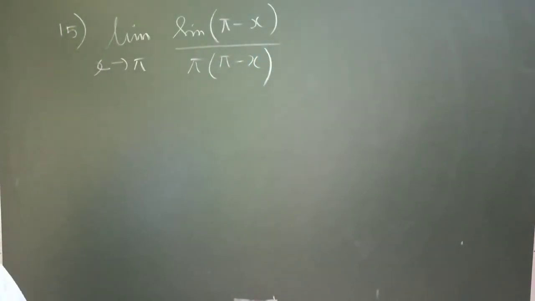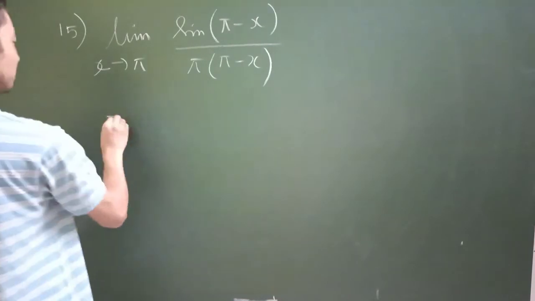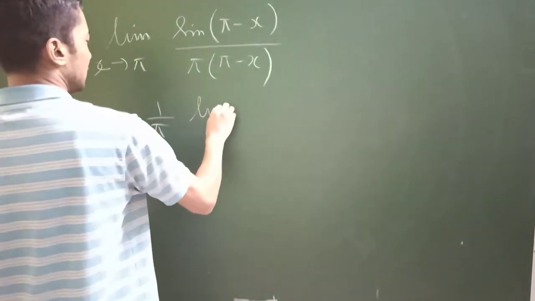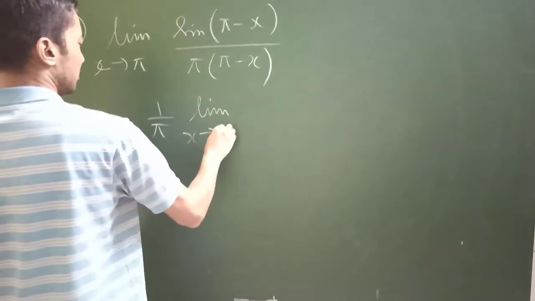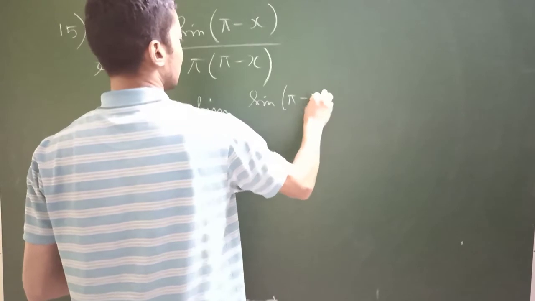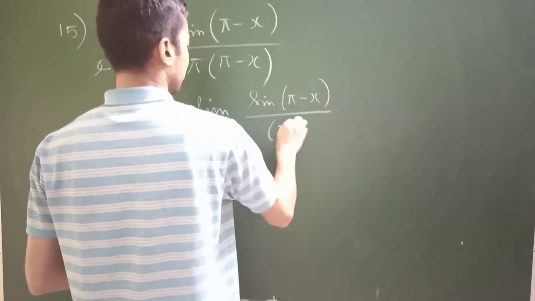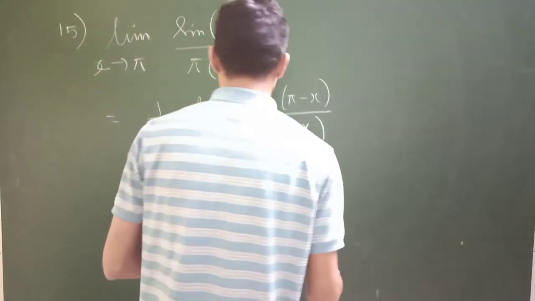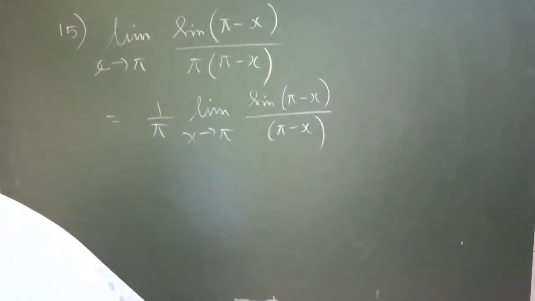We can use a substitution method, we will use that, but before that let me just take this value of pi constant out. That's limit x tends to pi, because pi is a known value, so it's going to be a constant for all of us. Pi minus x.